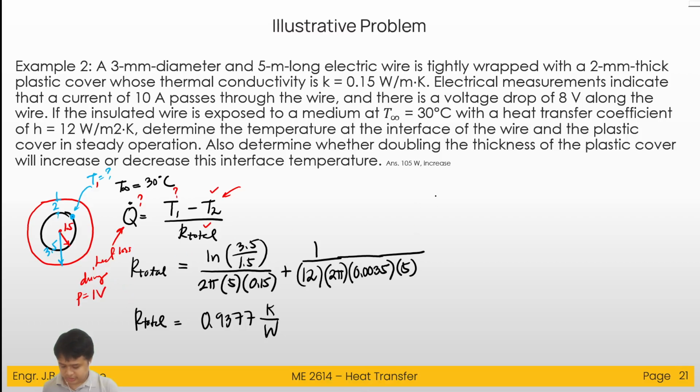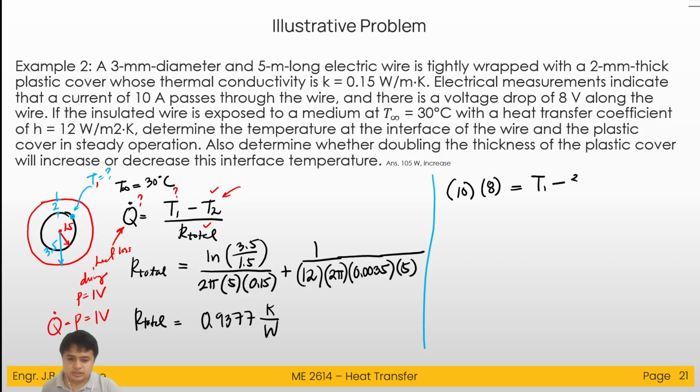So what we can do here is equate your Q. Q is equal to P, which is I times V, with 10 amperes and 8 volts, so this is in watts. And then you have T1 minus T infinity.